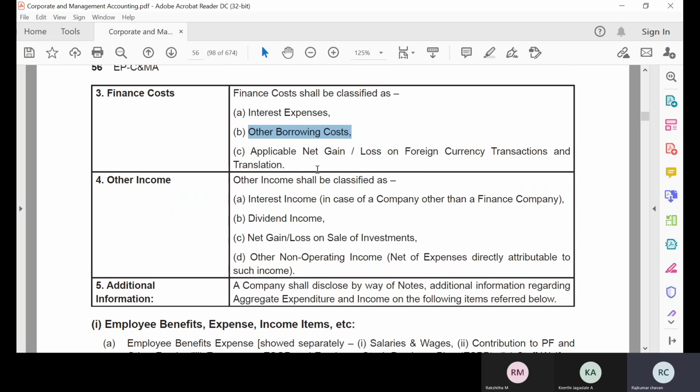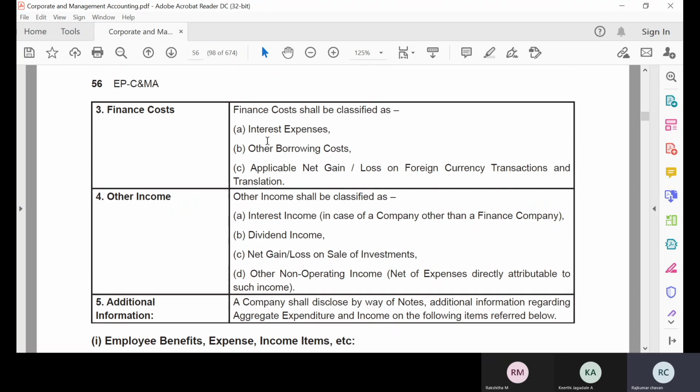All those things are called finance expenses. So basically finance expenses are the expenses related to interest payment. Mostly it will be interest on loan, interest on public deposit, interest on secured loan, interest on unsecured loan. Whatever loan you have taken, the interest you are paying on it is called finance cost. Is that clear?